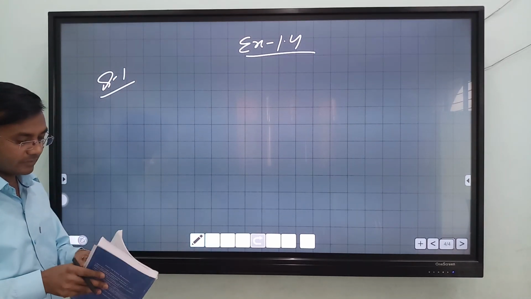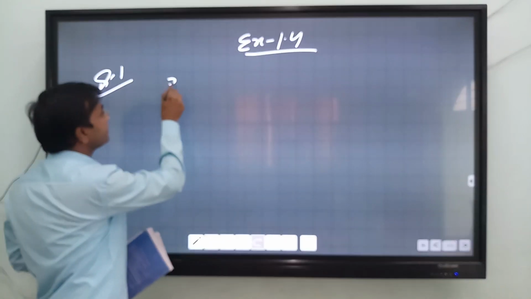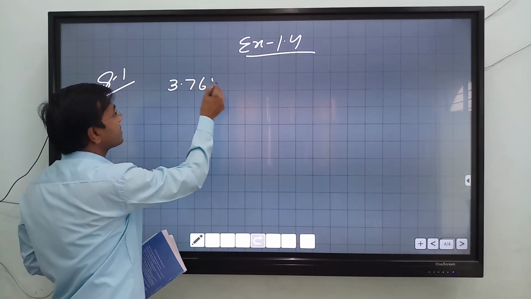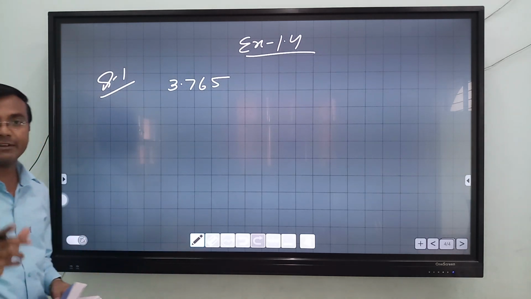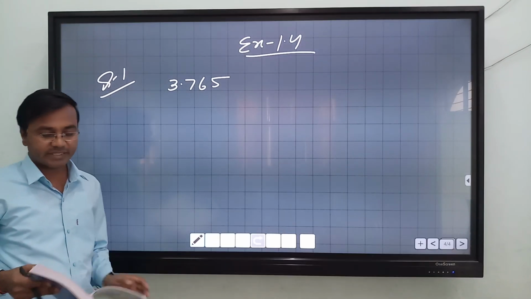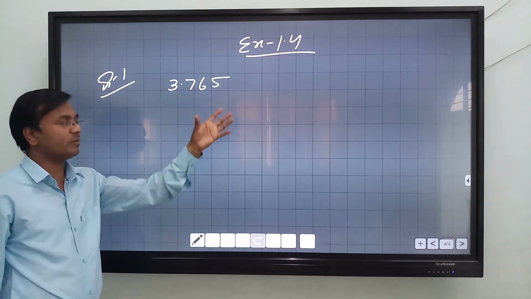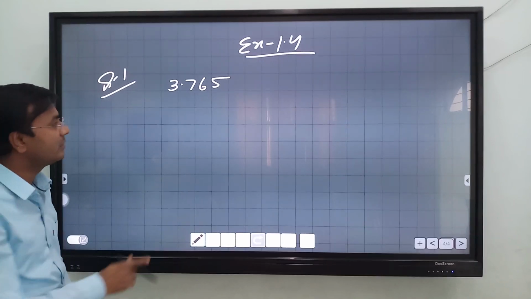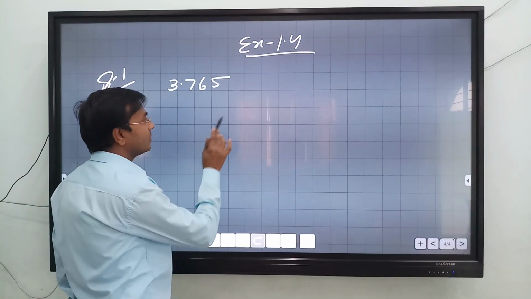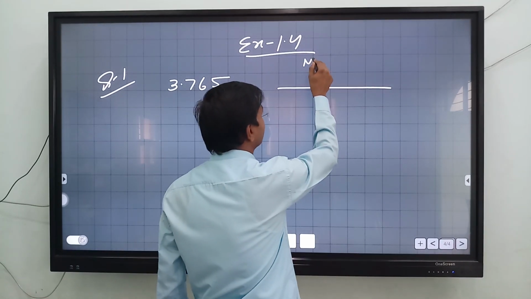question number first, the number is 3.765. So we have to visualize this number by using successive magnification, right? So this number has to be represented on the number line. So what is a number line? If we draw a line, first of all, learn about the number line.